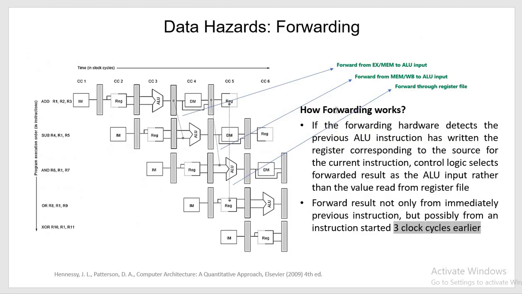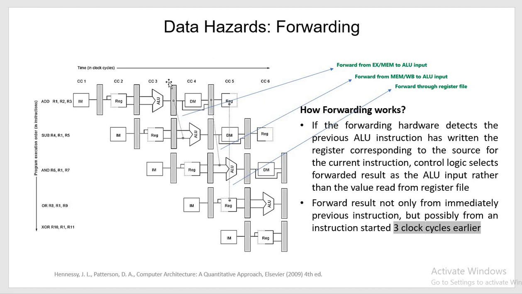So in this particular case, this is the first instruction. As per its normal execution, the data will be written in R1 after the completion of the fifth clock cycle. But in actual practice, the data will be ready because the arithmetic and logical operation is completed within the third stage and stored over here in the latches.